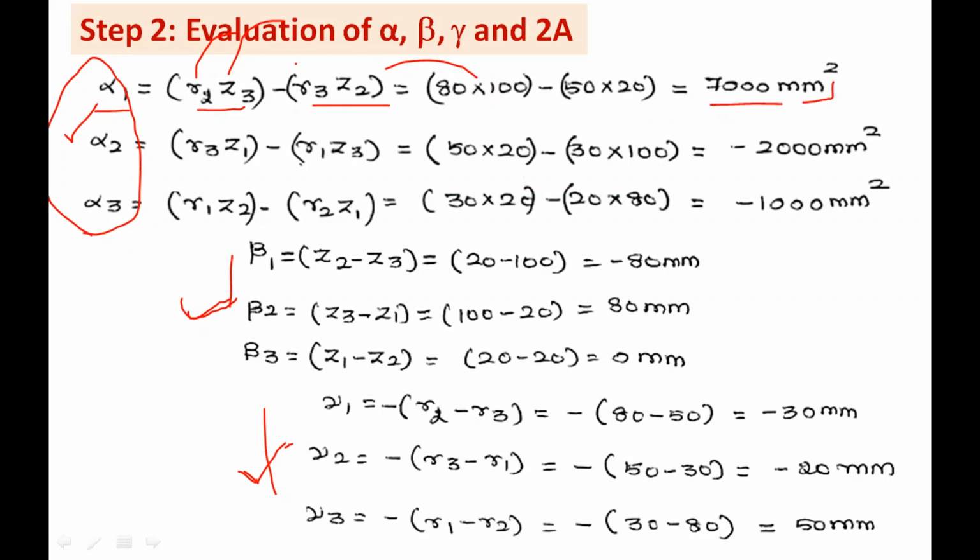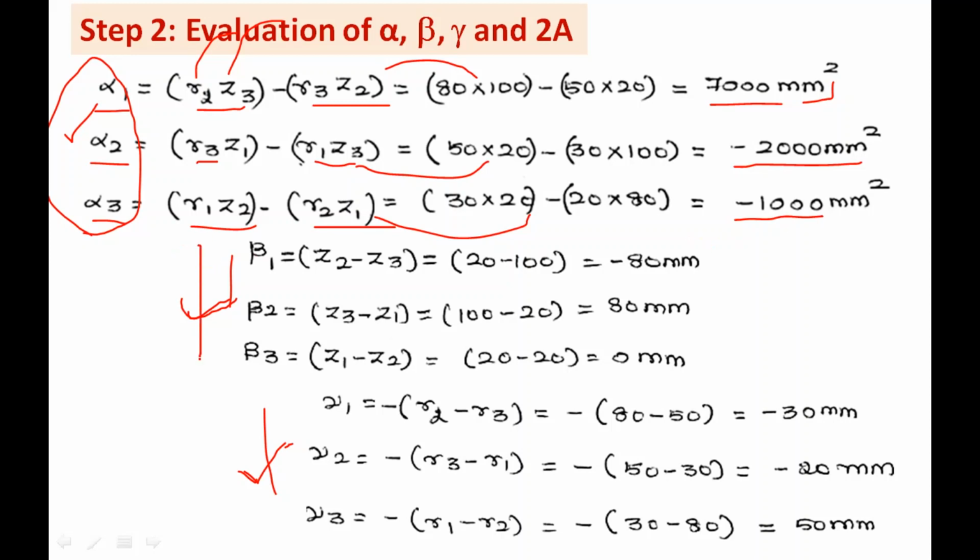The unit is mm square because it is the product of two coordinates R and Z. Similarly, alpha 2 is equal to R3 Z1 minus R1 Z3. Substituting the values, we are getting minus 2000 mm square. Then alpha 3, R1 Z2 minus R2 Z1. Substituting the coordinate values, alpha 3 is equal to minus 1000 mm square.